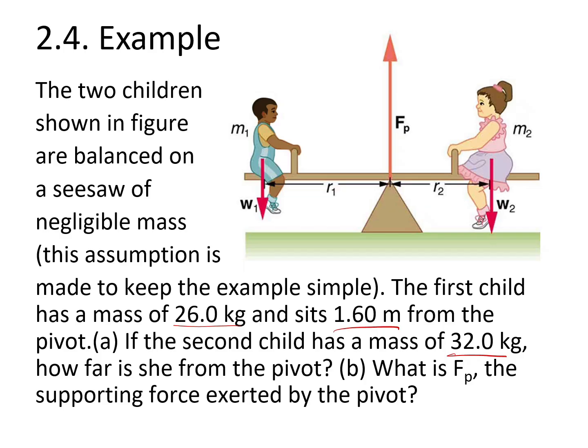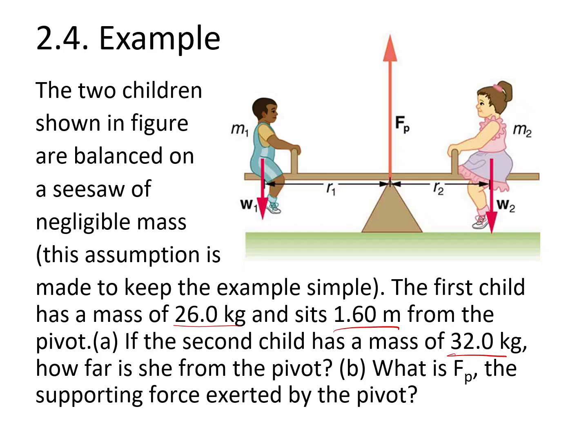For part A, torque equilibrium is the most useful condition. The first child's weight produces a torque on one side of the pivot, and the second child's weight produces an opposite torque on the other side. For balance, those torque magnitudes must be equal. Before calculating, let us predict the answer.